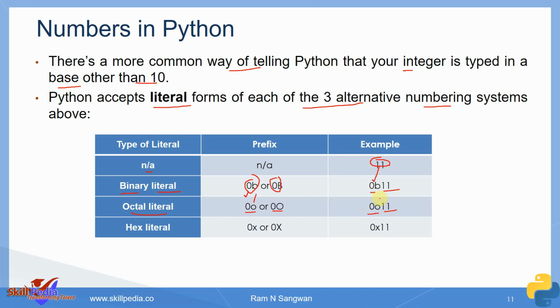So B for binary, O for octal, X for hexadecimal, with a leading 0. So 0b, 0o or 0x can be used to literally represent binary, octal or hexadecimal numbers.